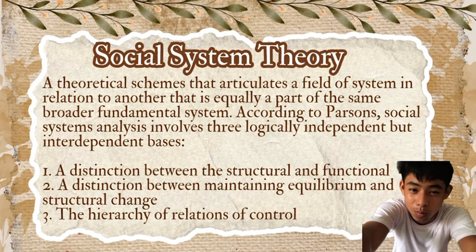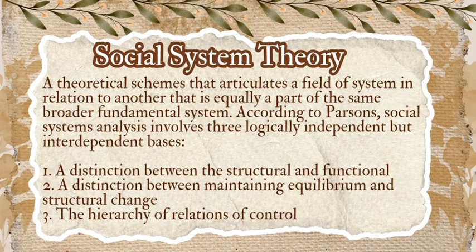First, a distinction between the structural and the functional. Second, a distinction between the two dynamic processes of maintaining system equilibrium and structural change in the system. Third, the relation of hierarchy of control.